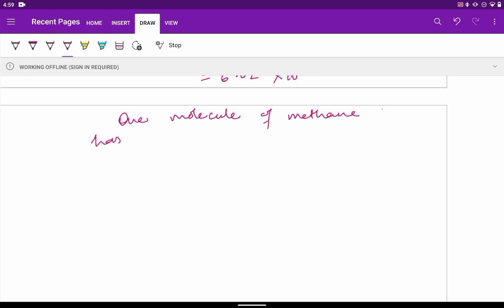Methane, as I told you, is CH4. For carbon, 6 electrons plus 4 hydrogen atoms are there. One hydrogen atom has 1 electron, so 4 should have 4. 6 plus 4, so 10 electrons. So one molecule of methane has 10 electrons.